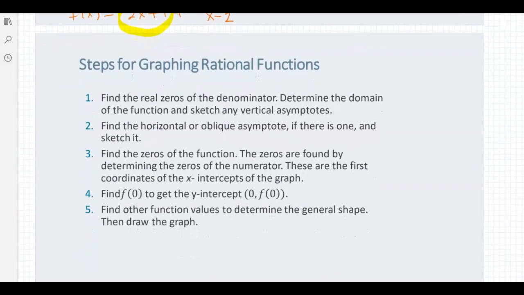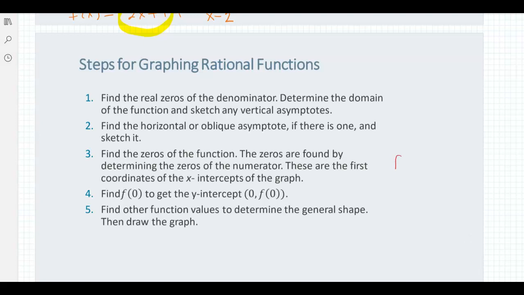So here are the formal steps to graphing a rational function. We are going to find the zeros of the denominator to get the vertical asymptotes. We will use the different options based on the degrees of the numerator and denominator to determine whether there is a horizontal or an oblique asymptote. We'll find the zeros, or the x-intercepts, and these come from the zeros of the numerator.